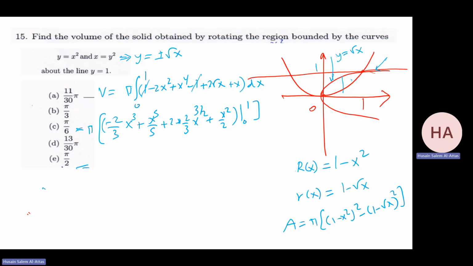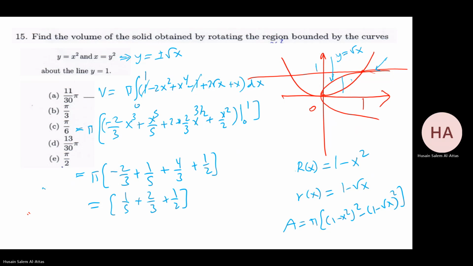That means it's pi times minus 2 over 3 plus 1 over 5 plus 4 over 3 minus a half. Wait a minute, this is minus x, sorry.